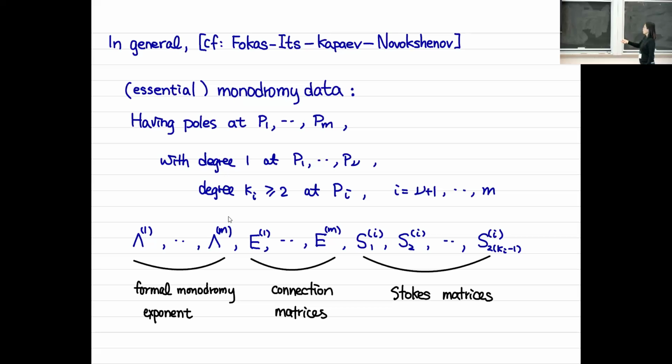And if you number the rest of them, which have poles of order higher than 1, then they will have this Stokes data. We'll give a short explanation of what Stokes data means. And connection matrices representing that is basically like a path going from some smooth point to the pole itself. So you would have as many to the pole. So that's the essential data.